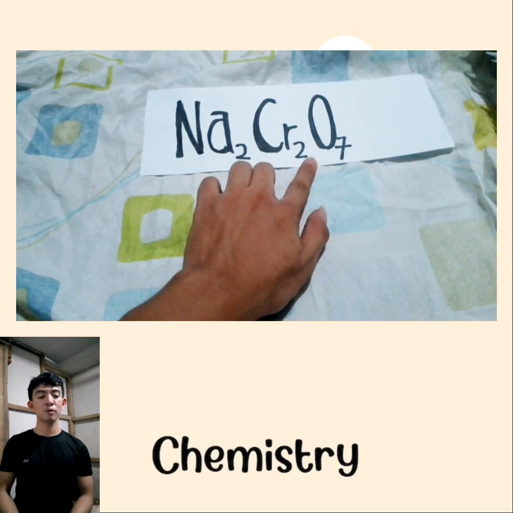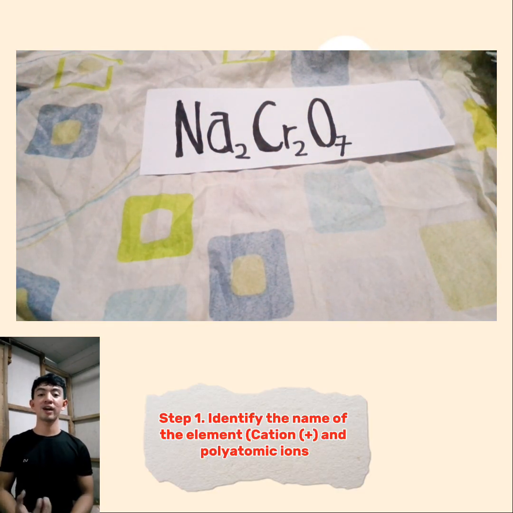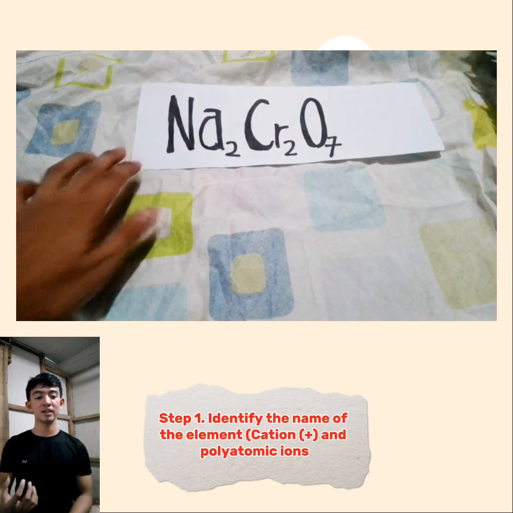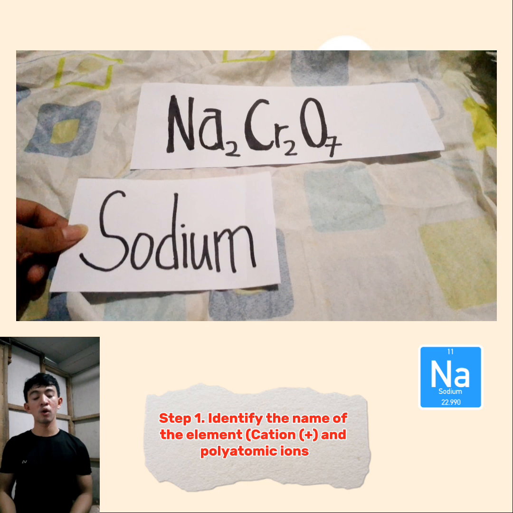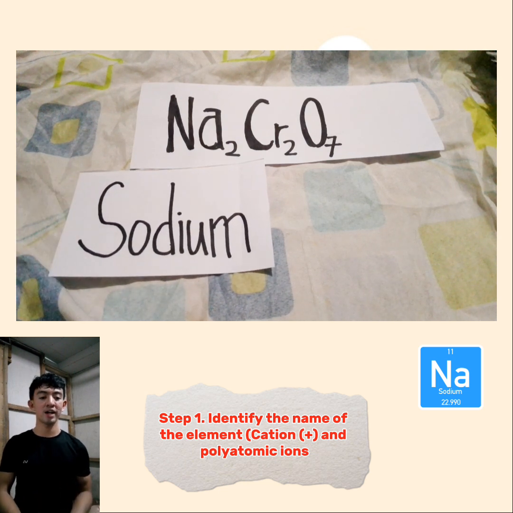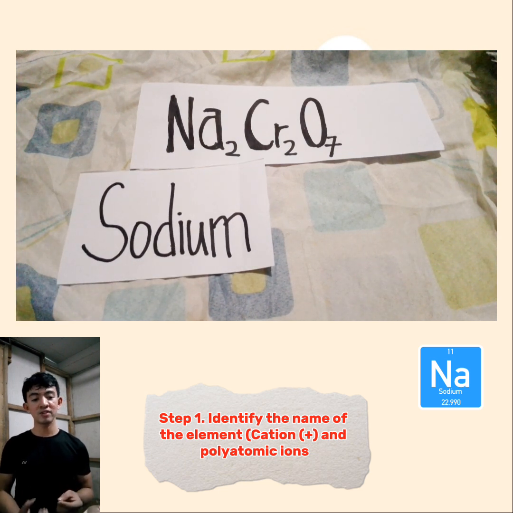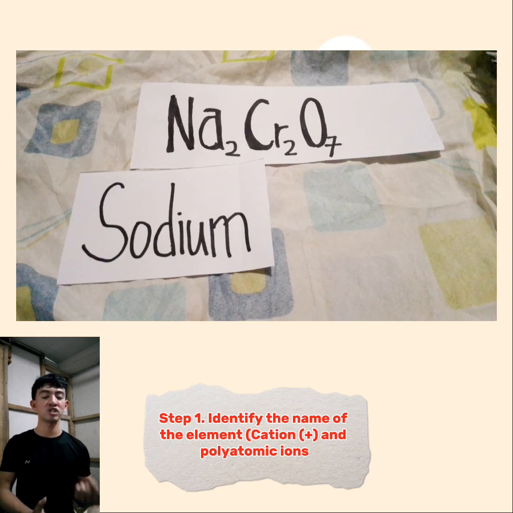To name this compound, all you need to do is identify the names of the cations and polyatomic ions. For the cation, or the first element, we have Na, which of course stands for sodium. Meanwhile, the Cr2O7 is our polyatomic ion since it contains Cr, chromium, and oxygen.